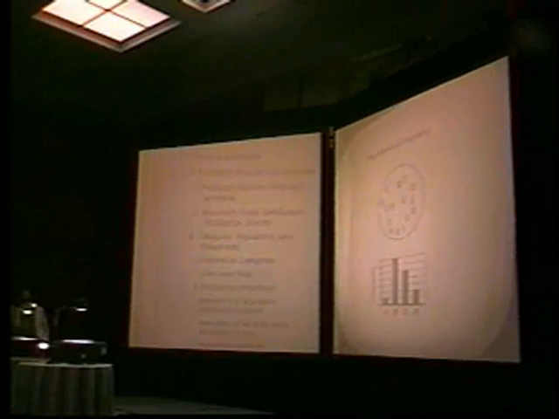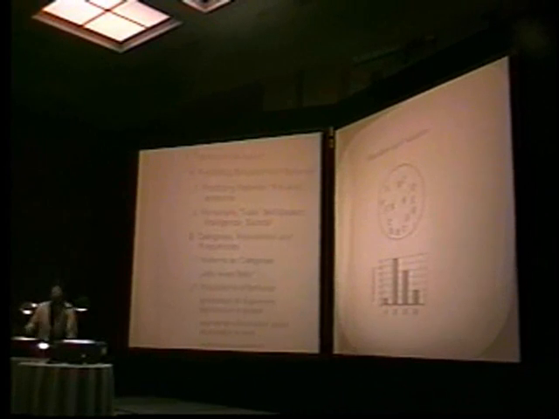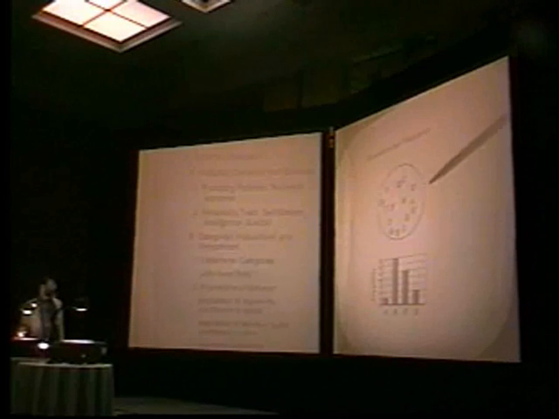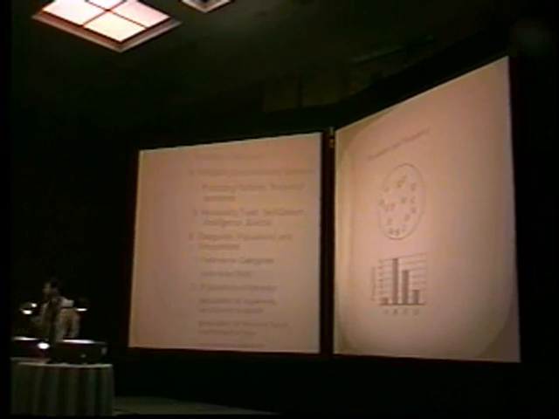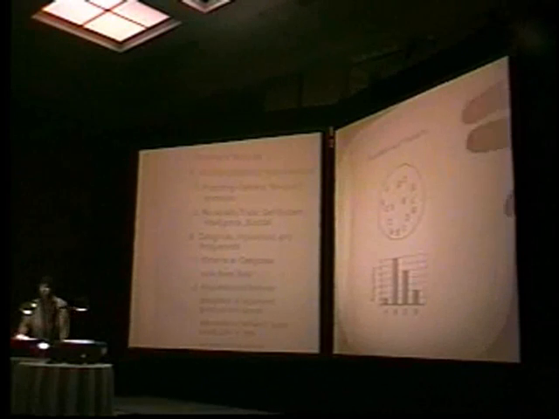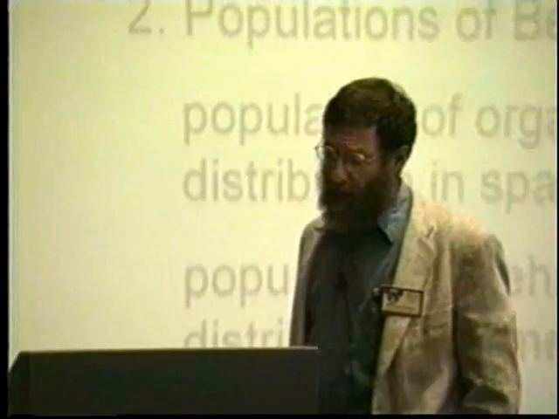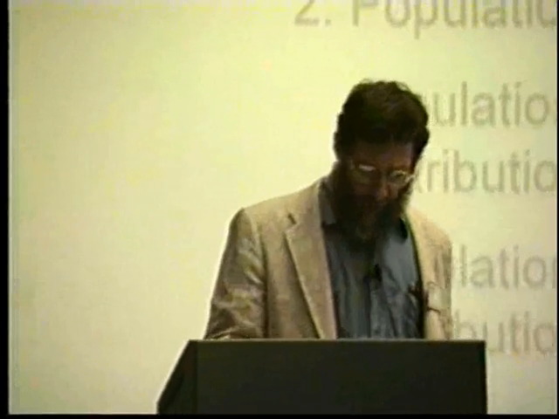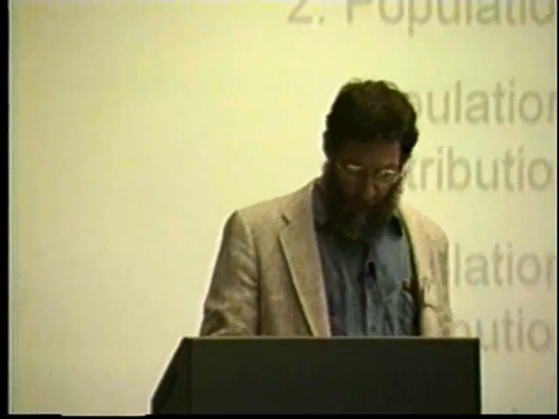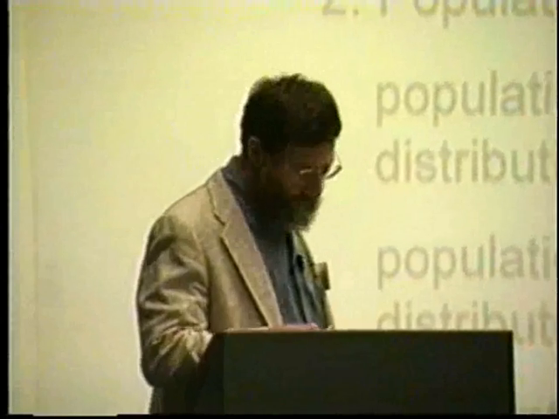There might be, say, 4 different types. And I've labeled them here A, B, C, and D. So you could think of this circle here as the meadow, and then we have types A, B, and C. And they do not occur in equal frequencies. You can see that type B is the most frequent, and the other types are less frequent. Type A is the least frequent. And this is a population of organisms distributed in space.